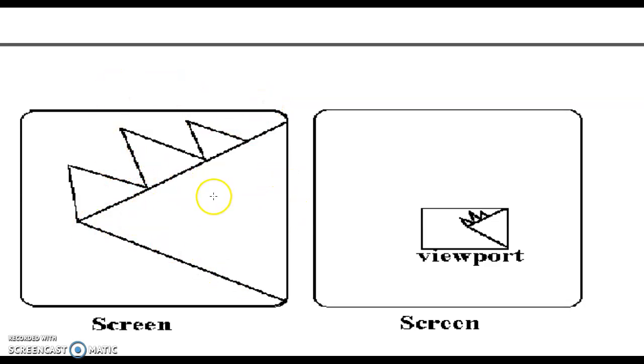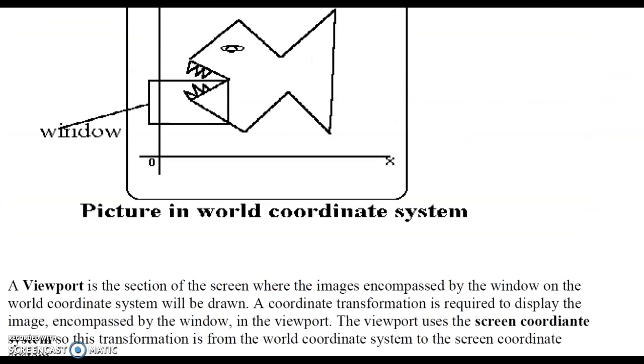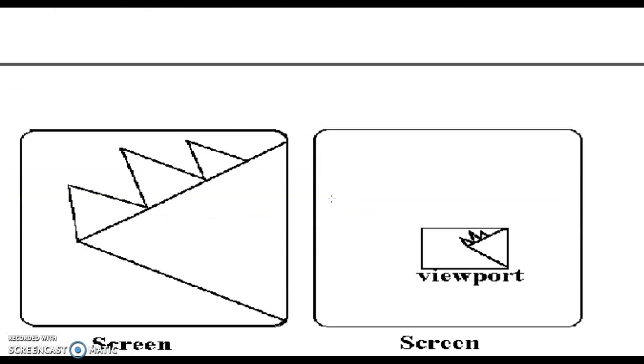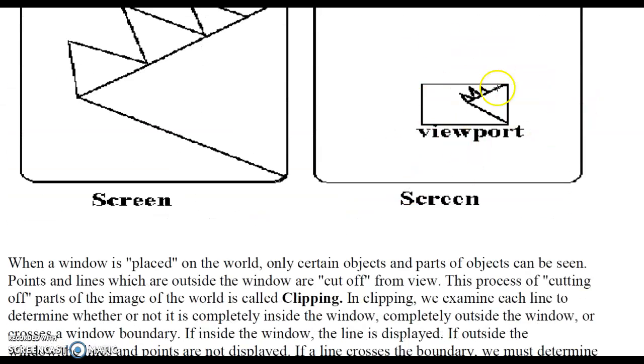Moving this portion here, this is the viewport. This viewport can be here, here, or here. This is the image. The window coordinate clips the image, then the rest will be hidden, eliminated. Then this window can be presented anywhere on the screen. That window will be known as the viewport.